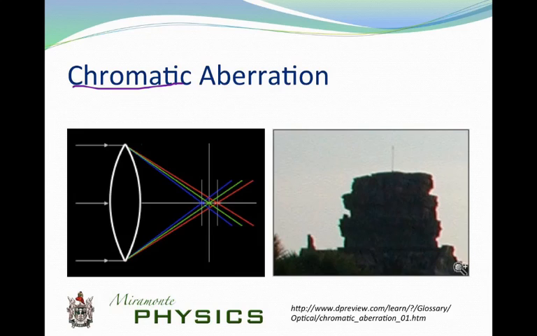So the problem is that if you pass white light through a lens, the blue light frequencies are going to bend more than the red light frequencies. And so you're not going to get a crystal clear image at your focal point, because the focal points are going to vary depending on which frequency of light you're talking about.